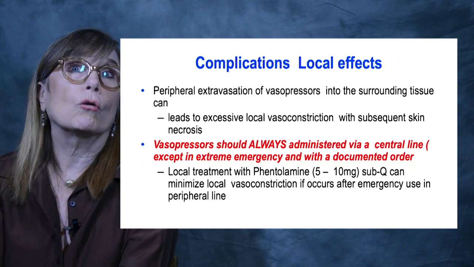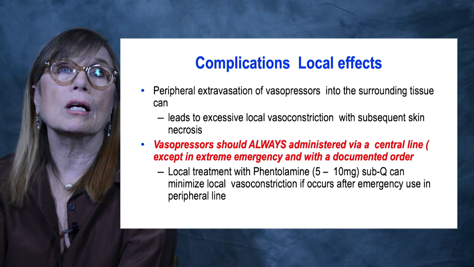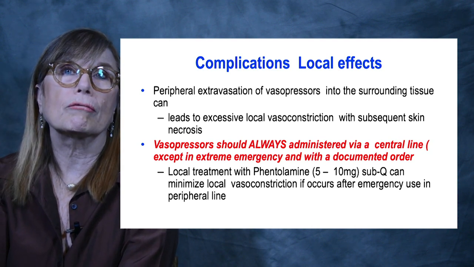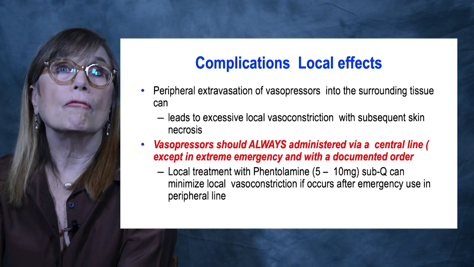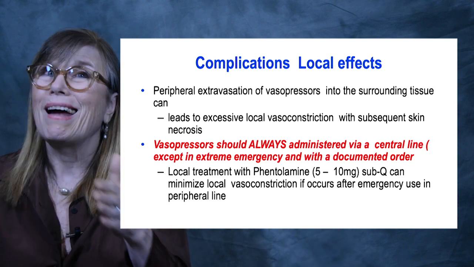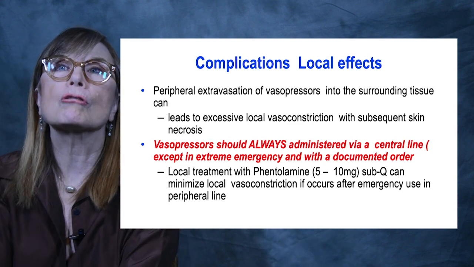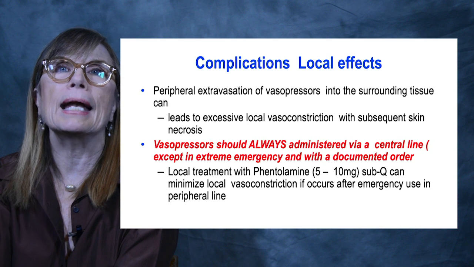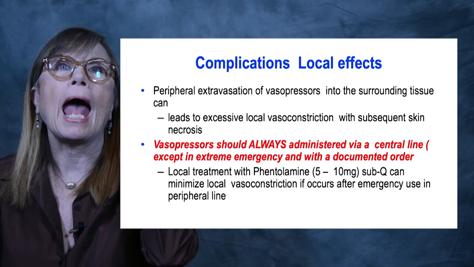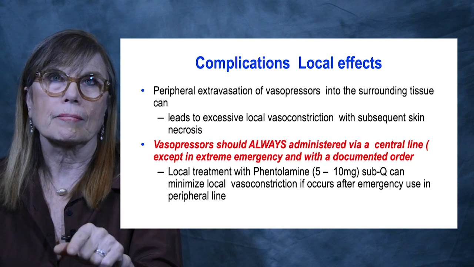The other issue, of course, is the local effects that can occur if you are giving vasopressors in a peripheral line. So very important to remember, vasopressors and inotropes should always be administered via a central line except in an extreme emergency and always with a written order.